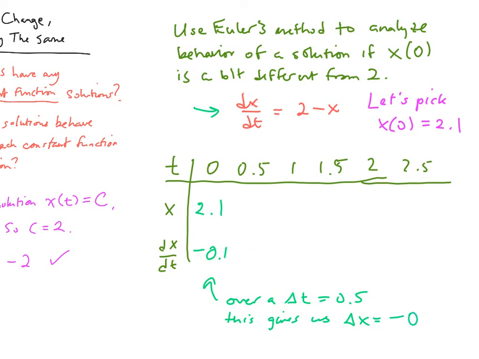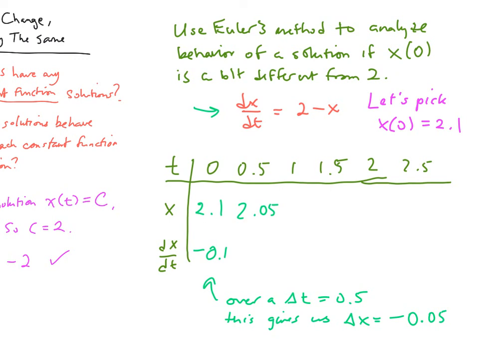So my delta x is 1/2 of negative 0.1, that's negative 0.05. That means between 0 and 0.5, x is going to change by negative 0.05.